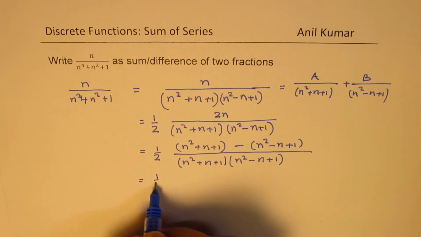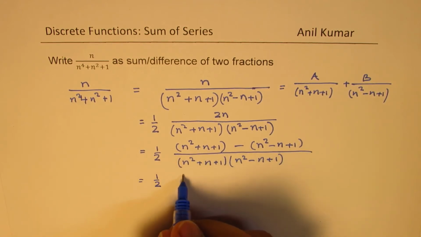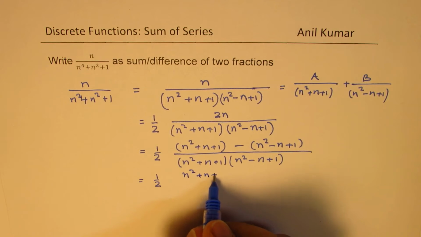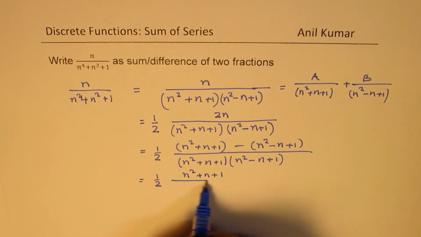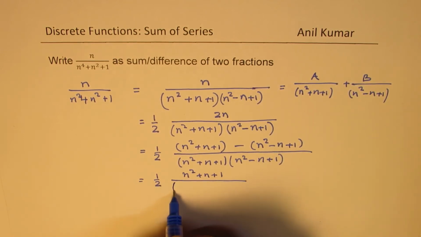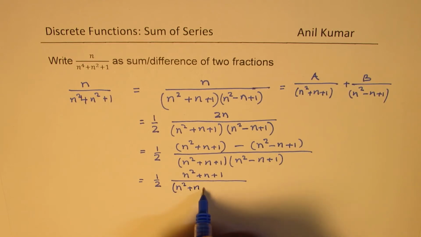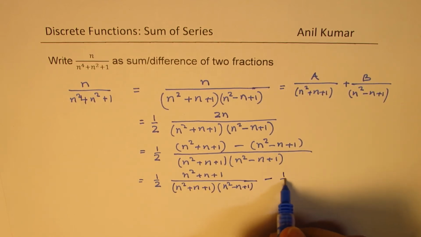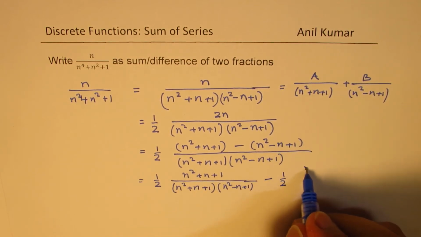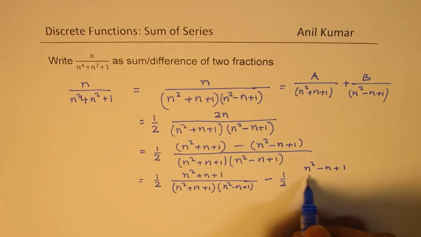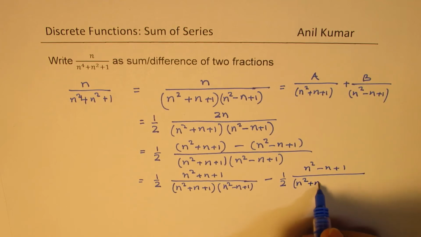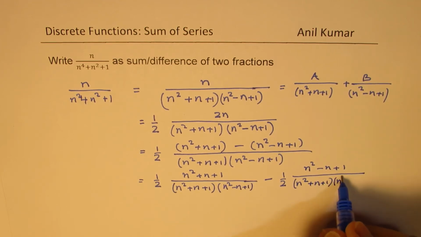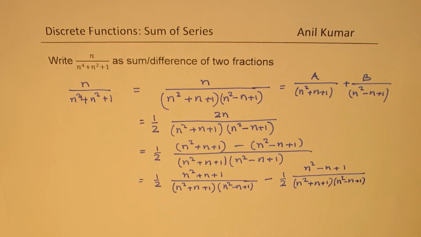So we could write this as half of the first term here, n square plus n plus 1, divided by the product of these two, n square plus n plus 1 times n square minus n plus 1, minus half of n square minus n plus 1 divided by the product of these two, n square plus n plus 1 times n square minus n plus 1.